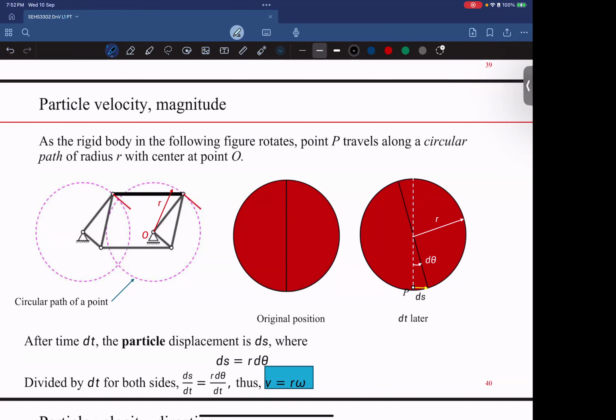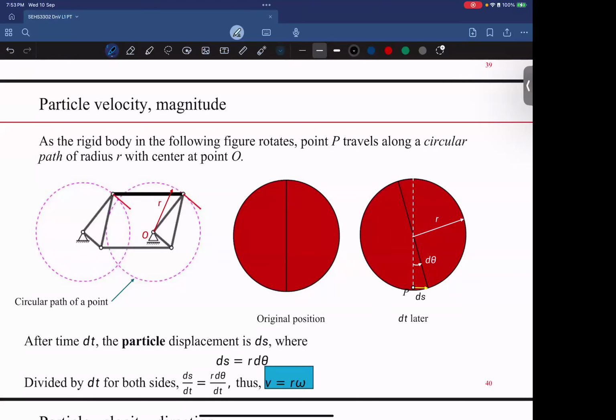For one thing, it has a circular path. For the other, we find it always moves tangential to this circle, right? For example, if we just stop it here at this instant, this point moves in this direction.